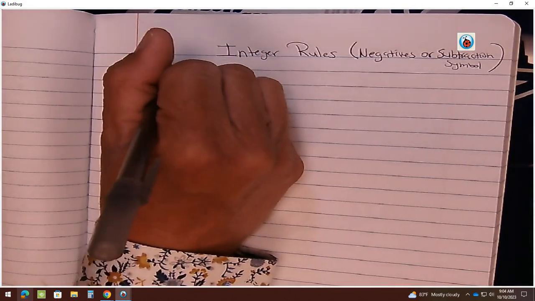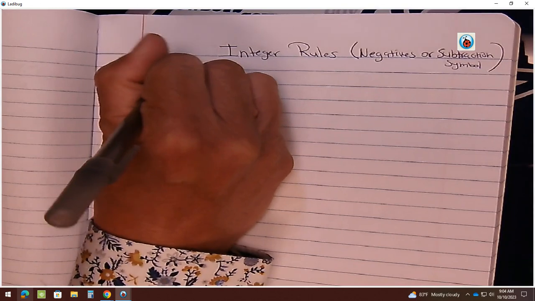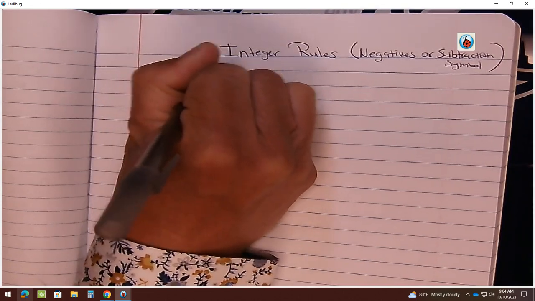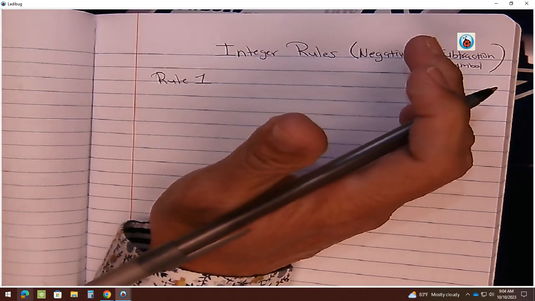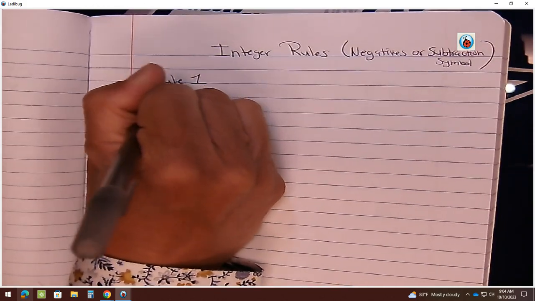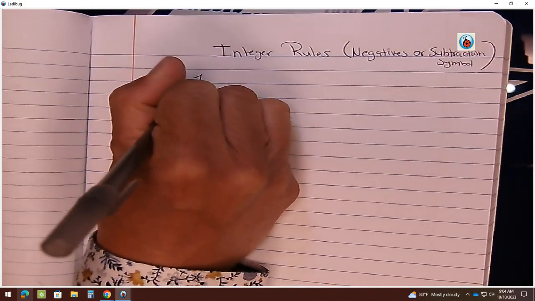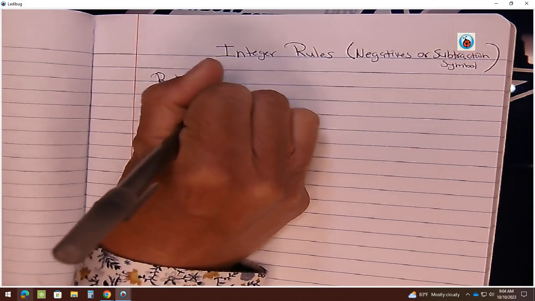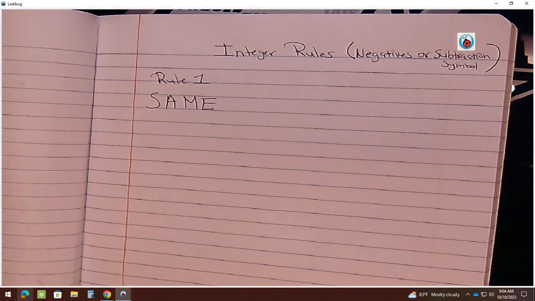The first rule is the one that I call rule 1. Don't think that the math books call it rule 1. I call it that. Rule 1 says this. If the signs are the same, so put it like that in big capital letters.